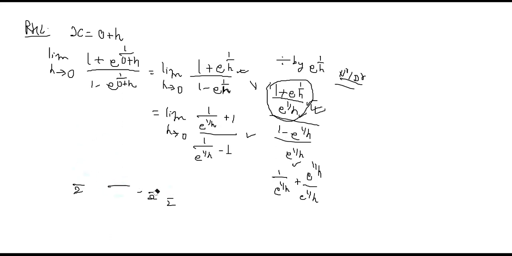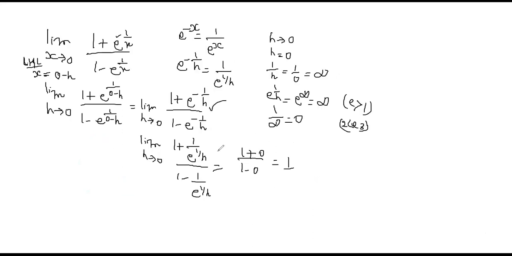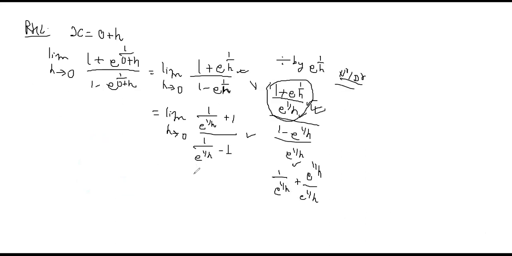From the previous part, here it will be 0 and it is also 0. You will put here 0 plus 1 upon 0 minus 1.